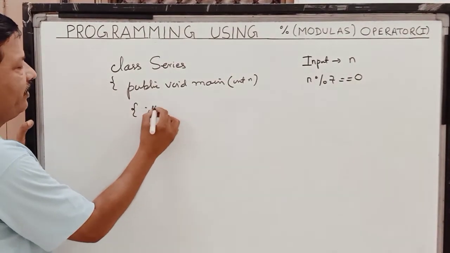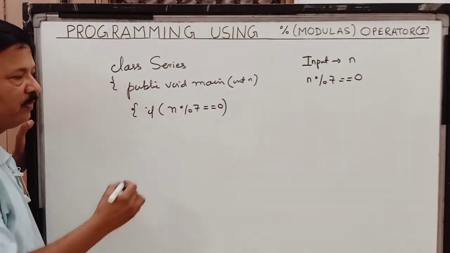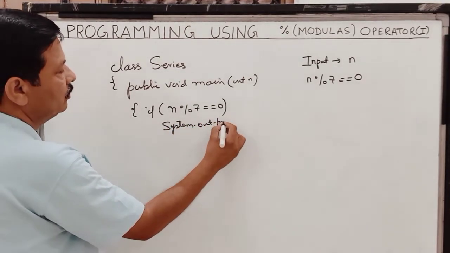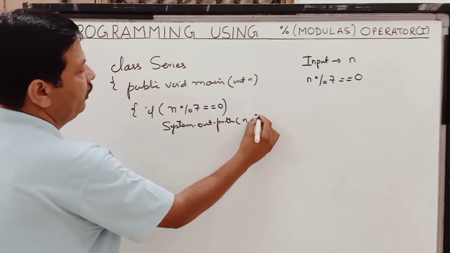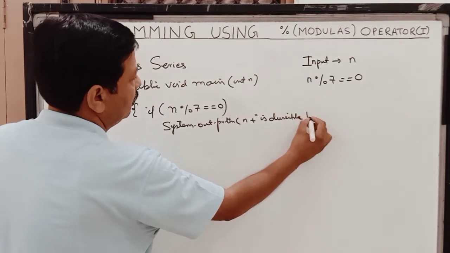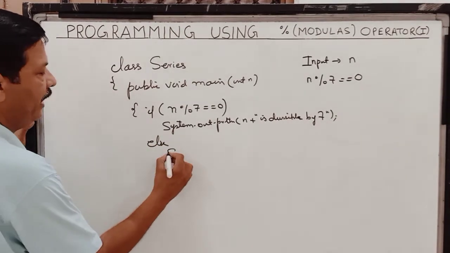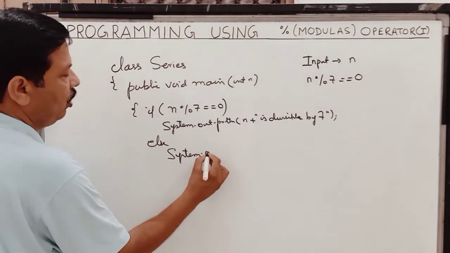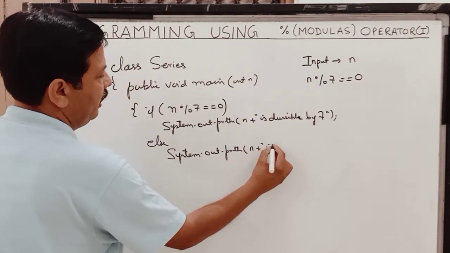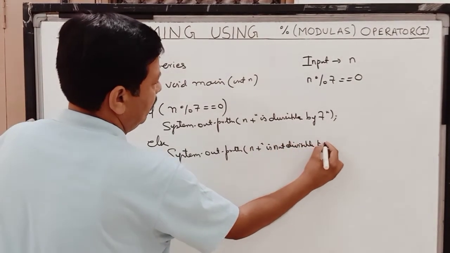Now just to check, I say if n modulus 7, if this is resulting to 0, then I will say that my number, which is n, is divisible by 7, and else if this condition is false, then I say that my number n is not divisible by 7.